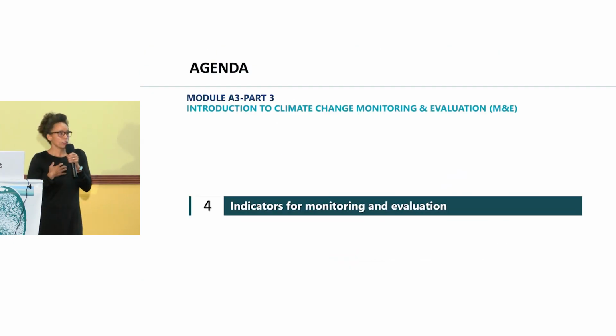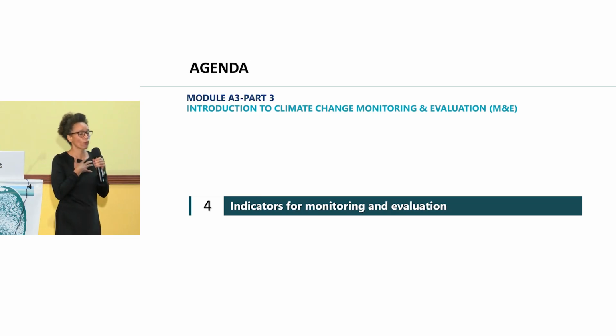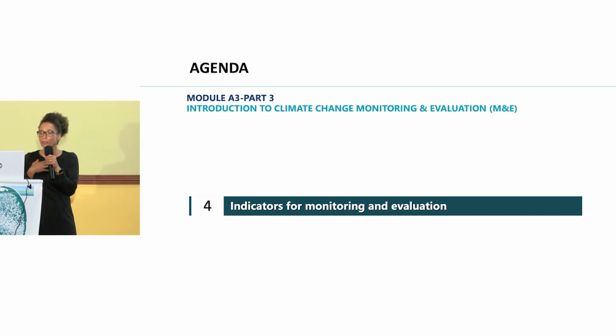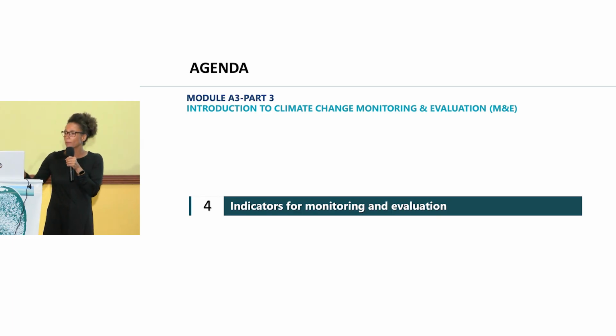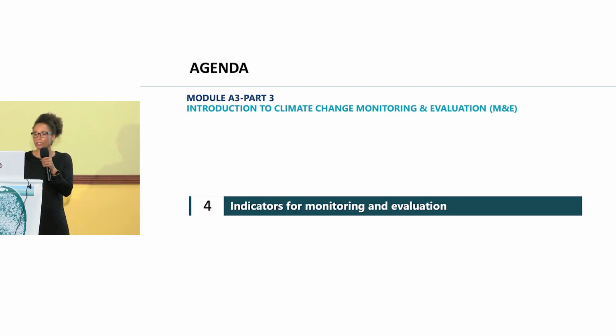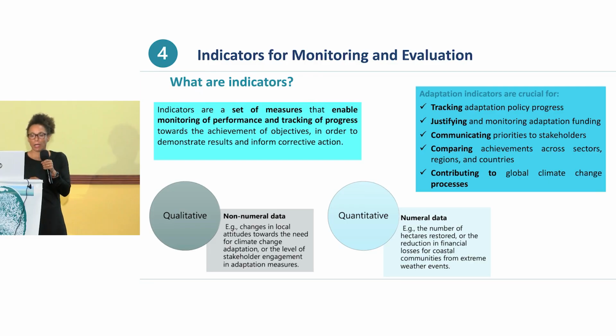What we want, I mentioned it before, is a structured monitoring and evaluation process. It's important also to make it comparable. So usually this process is guided by indicators. Indicators are a set of measures that enable the monitoring of performance and tracking of the process.